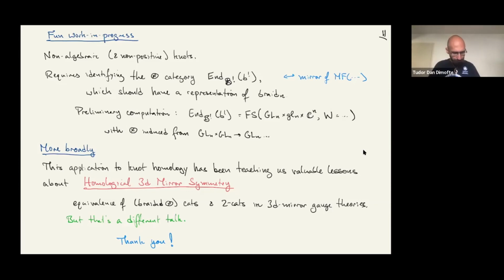It's not in the line operators. It's going to be in the boundary condition, and I am honestly not sure. I think for the A-side calculations that worked out, there must be some canonical choice of framing on these algebraic knots. Otherwise, it had better be part of, what you would expect is to find a line operator on the boundary that changes framing on a strand.